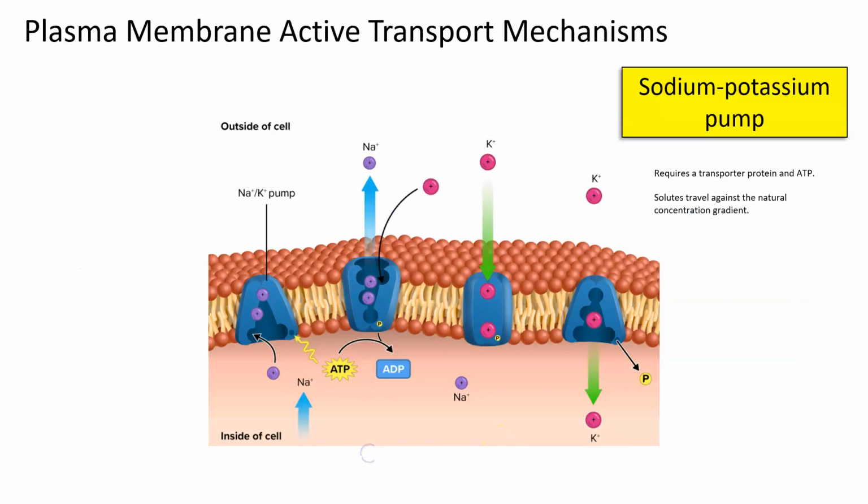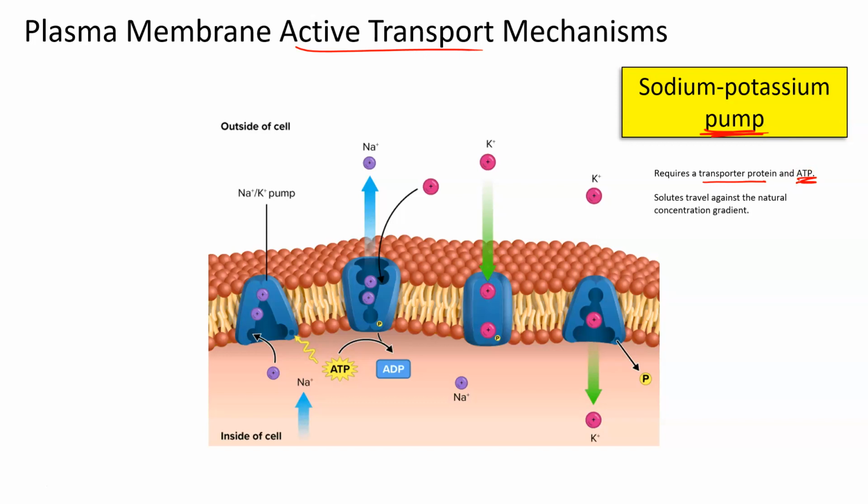That's osmosis. Plasma membrane active transport mechanisms. Active transport is still a way for a cell to move solutes across the membrane, but in active transport processes, we require a transport protein or a protein pump. In this case, this is the sodium-potassium pump, and it requires ATP, which is energy.